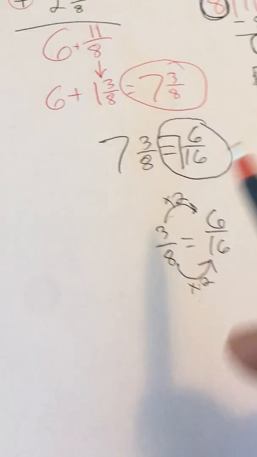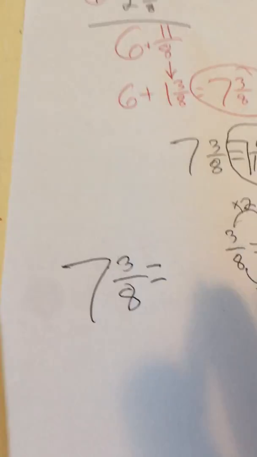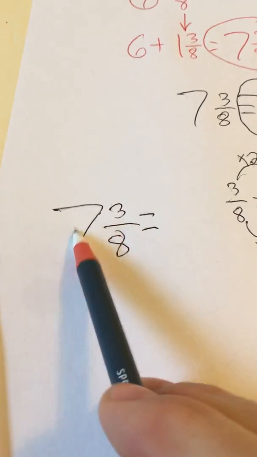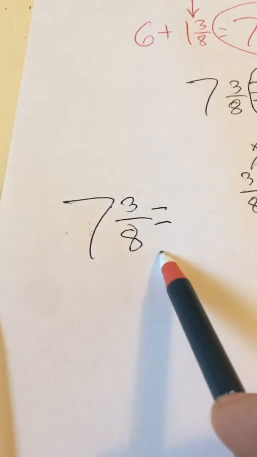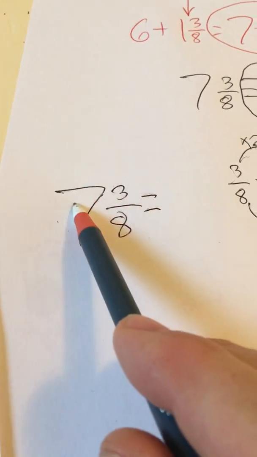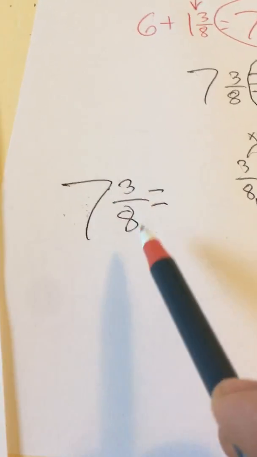Okay? If you had 7 3/8, we've learned how to turn this into an improper fraction. So if all 7 of these wholes have eighths in them, right? Each of them has 8 equal pieces. So to find out how many eighths are in 7, we do 8 times 7. So in 7 wholes, there are 56 eighths. Because every whole is 8/8.